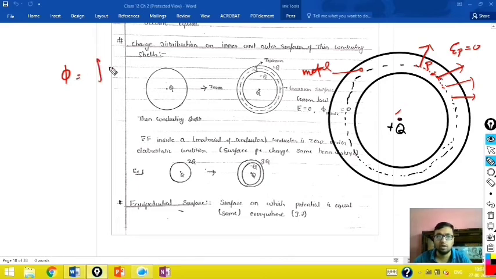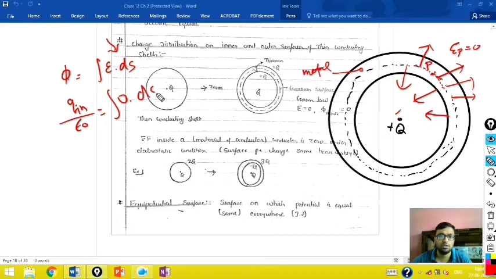Or you can say that flux is given by the integral of E dot dS, which I told you is the mathematical way to calculate it, and this flux is given by the total inside charge. Inside charge means the total charge present in this dotted region, divided by epsilon naught, and this should be equal to E dot dS, and the electric field is 0.